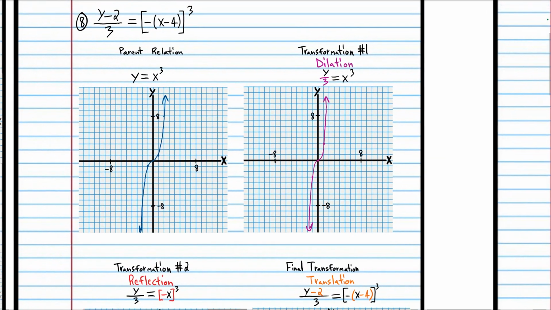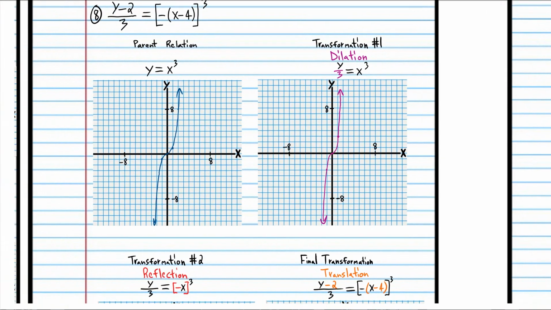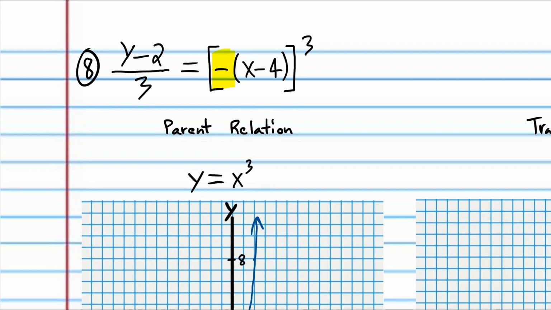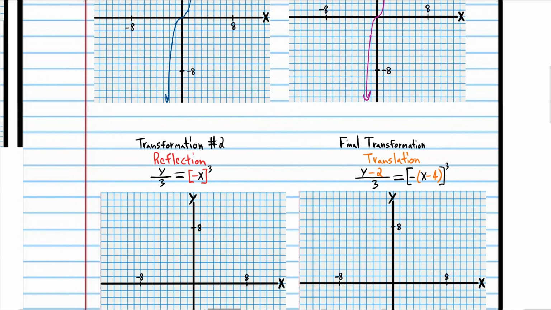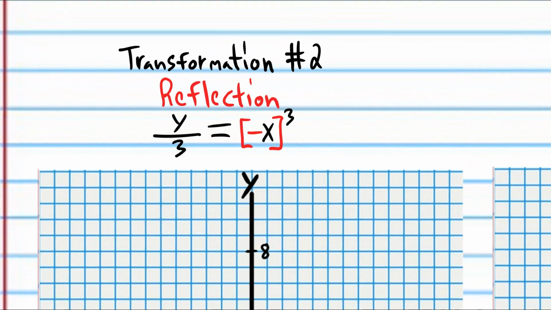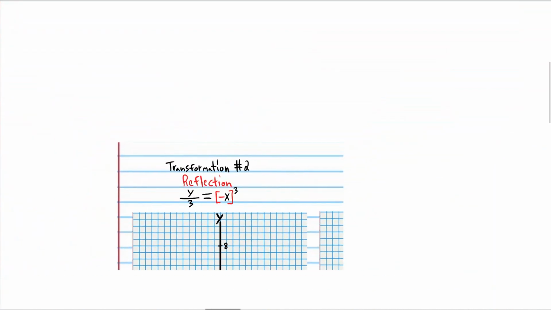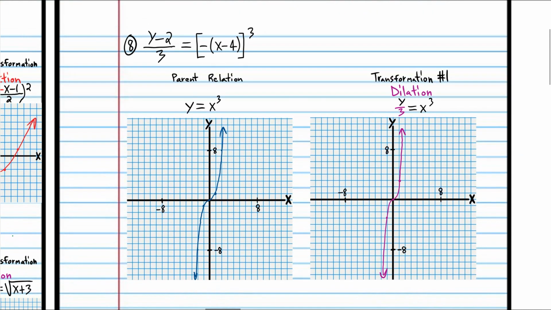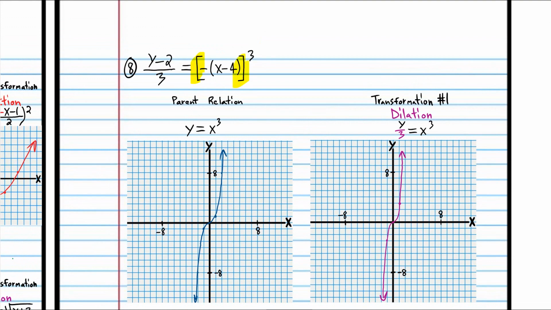And now you see we have a negative symbol in front of x minus 4. So we're going to need a negative symbol eventually. So I'm going to rewrite that equation up there that we just wrote, except I'm going to write a negative symbol. Usually you would use parentheses, but just to avoid confusion, I'm going to use those brackets to signify that they correspond to these brackets out here.